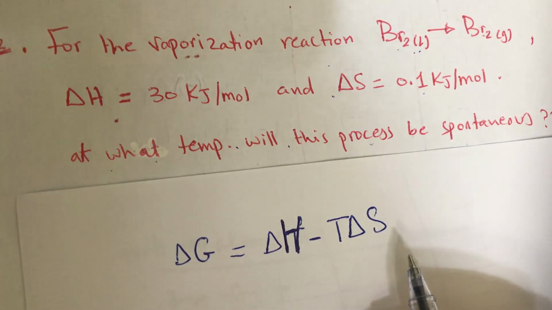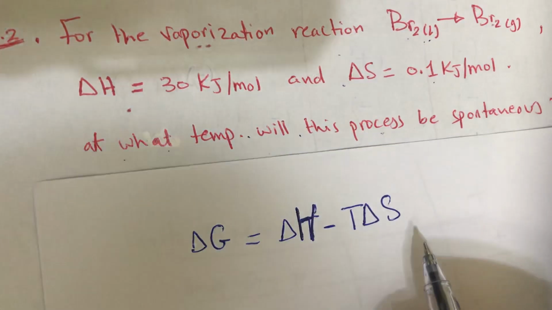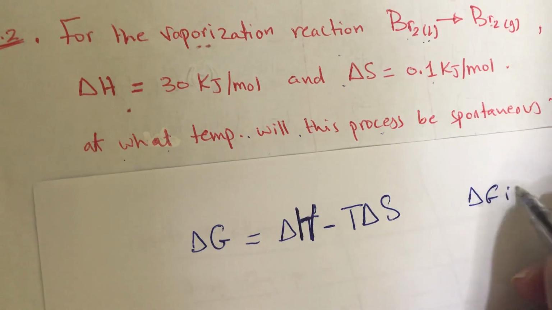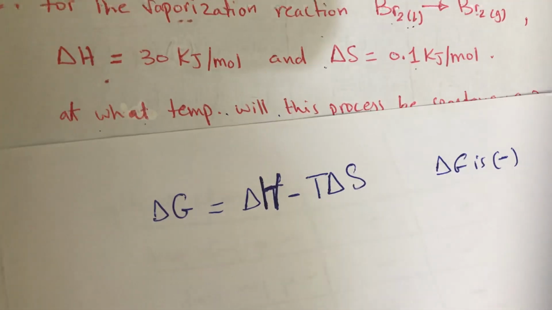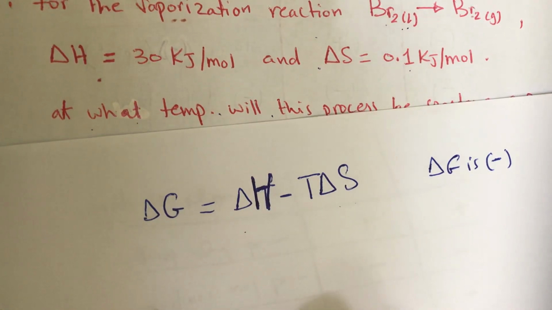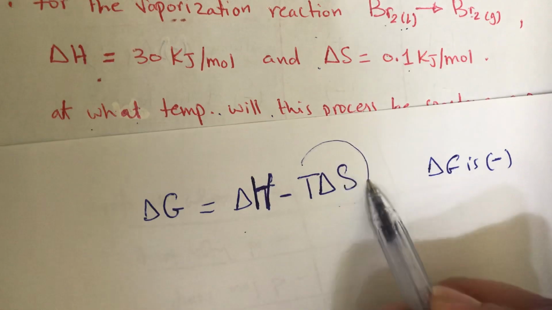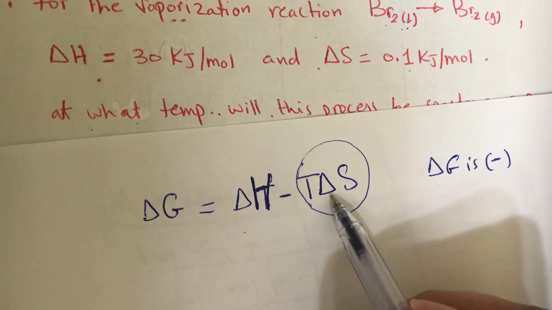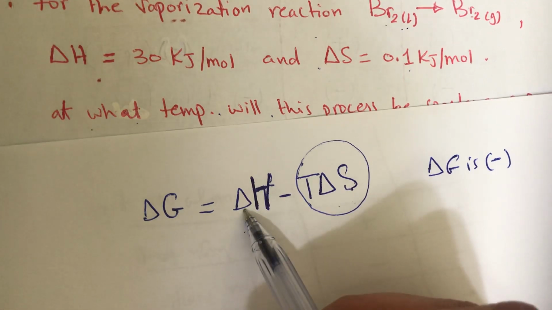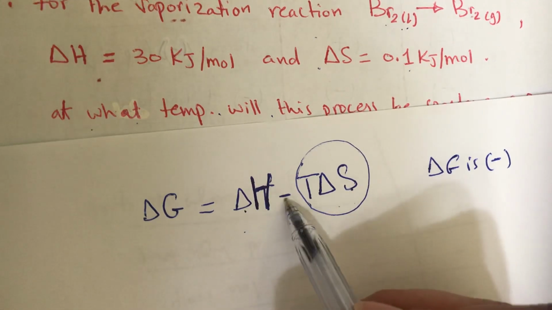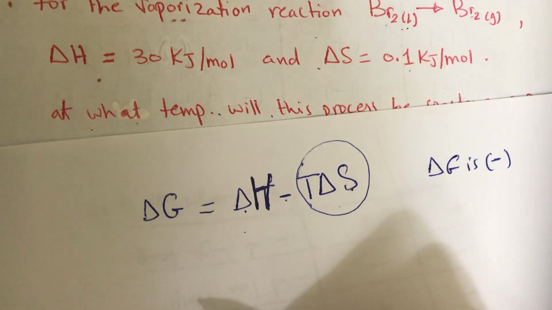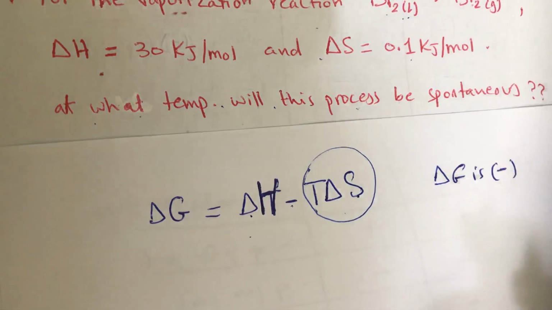It's a spontaneous reaction when delta G is negative. So according to this rule, delta G is negative when the temperature multiplied by entropy is greater than delta H. They carry a negative charge, so if they are greater than delta H, the answer is negative, and it's a spontaneous reaction.